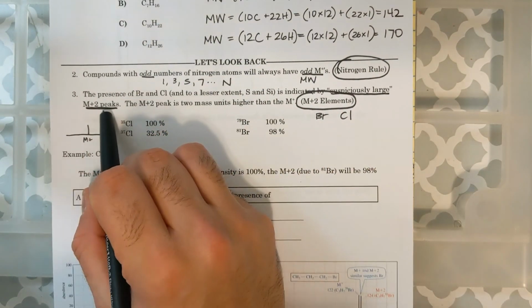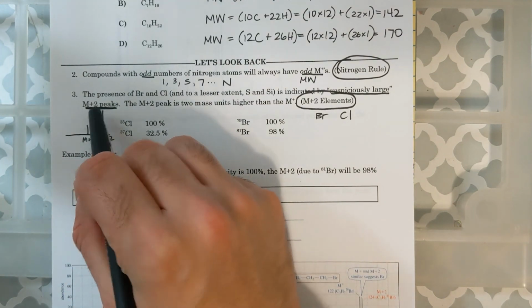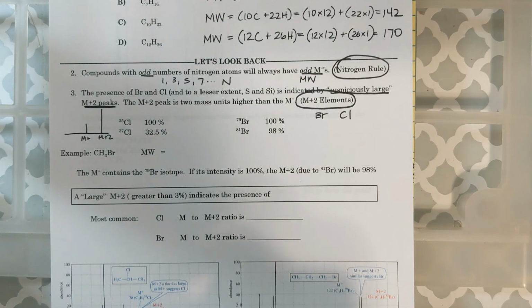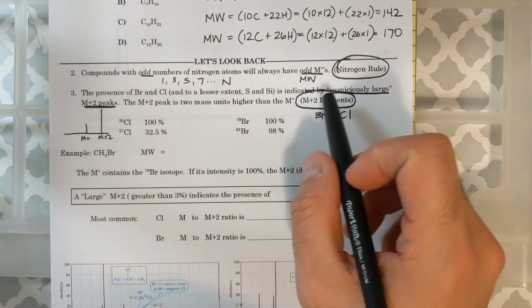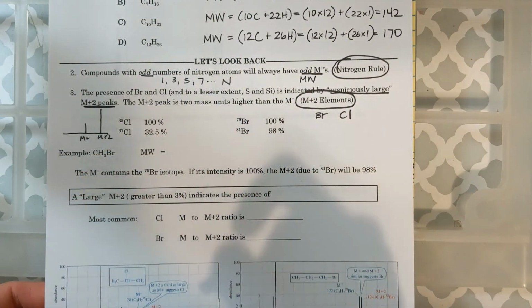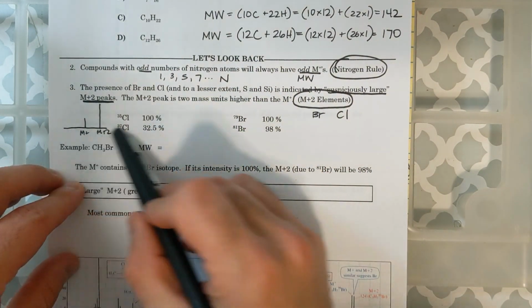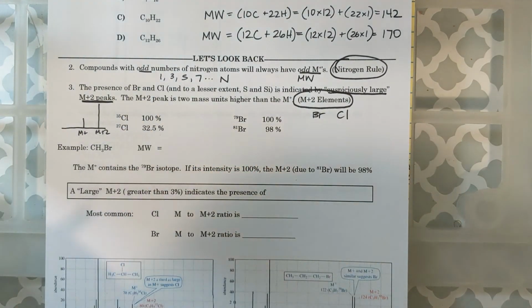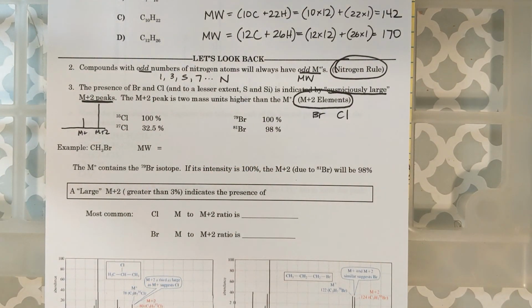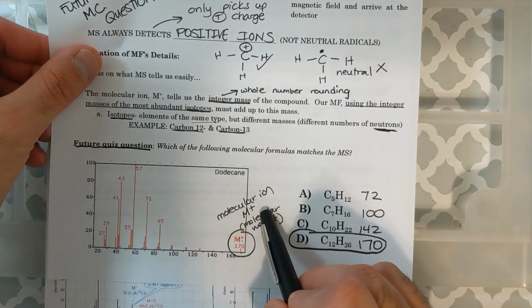And then our second rule to consider is the presence of bromine and chlorine, which is indicated by suspiciously large M plus 2 peaks. An M plus 2 peak, and I kind of drew a picture here, is if I have a mass spectra, and I showed you a mass spectra a couple of times in these notes, but we haven't talked about what any of these peaks mean.